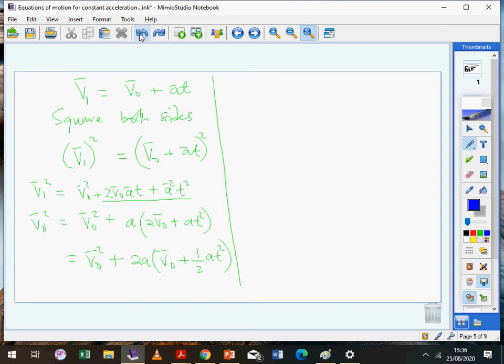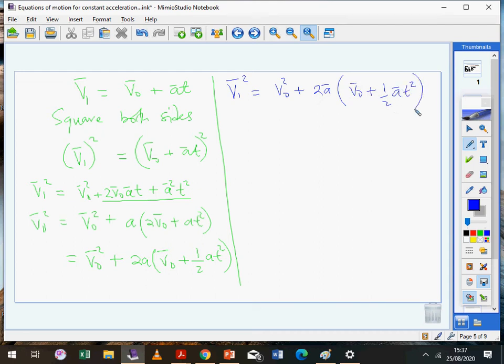Now what I have here, let me just write it out: V1 squared equals V0 squared plus 2A, open brackets, V0 T plus half AT squared. That's what I have.